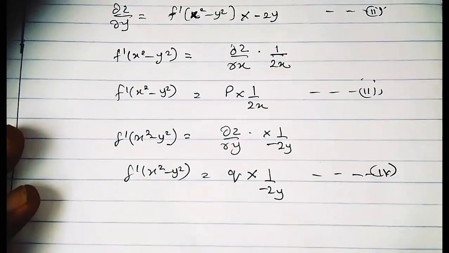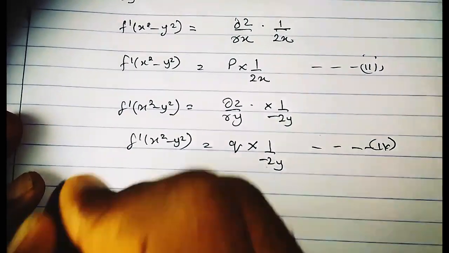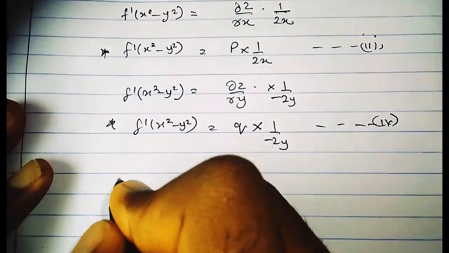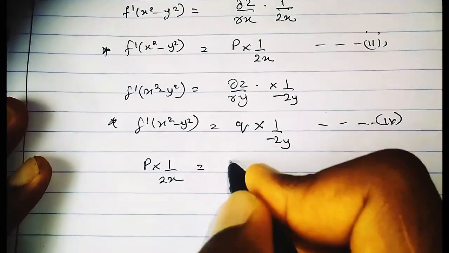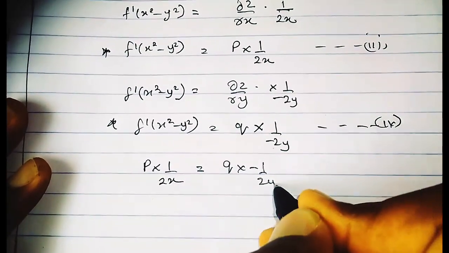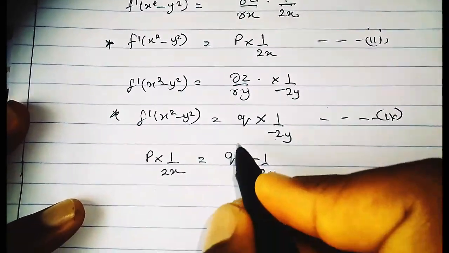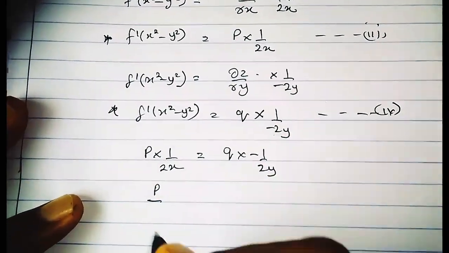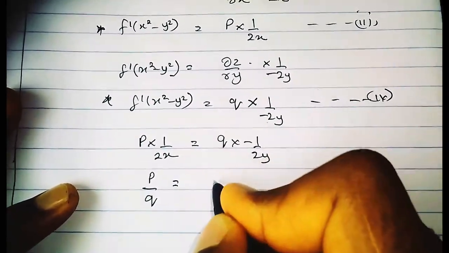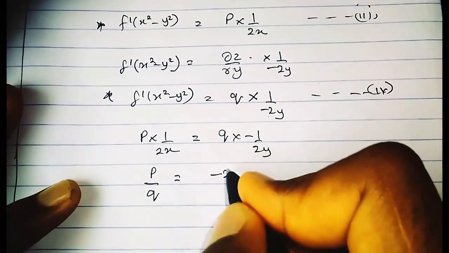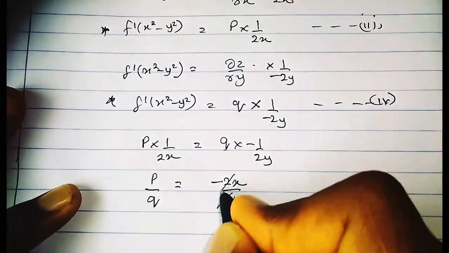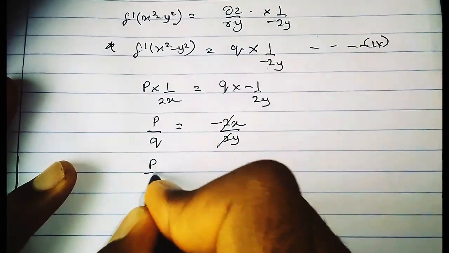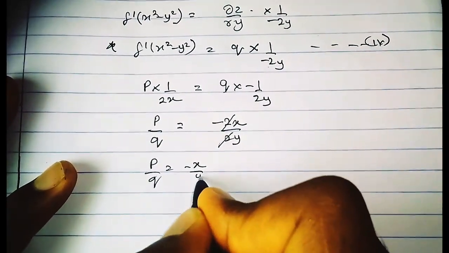So we can equate equation 3 and equation 4 together. We'll be left with p times 1 over 2x equal to q times minus 1 over 2y. Cross multiplying, p over q is equal to minus 2x over 2y. The 2 cancels 2, so p over q is equal to minus x over y.